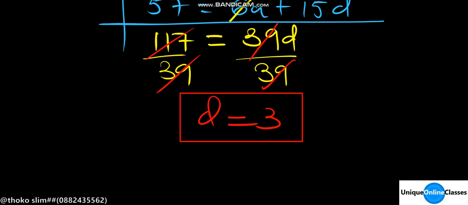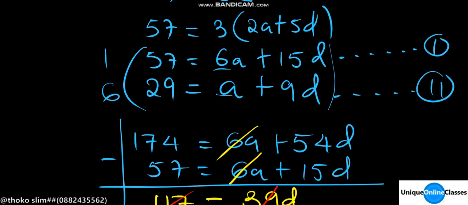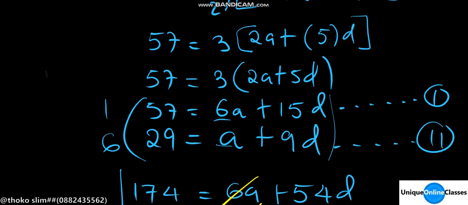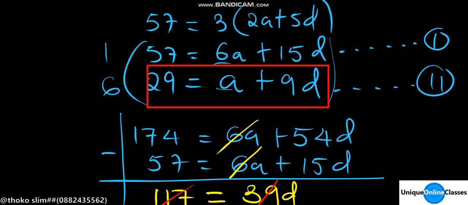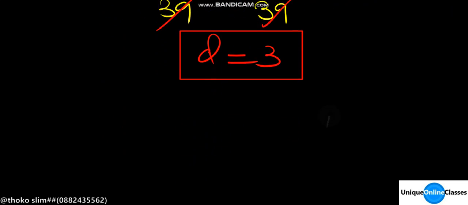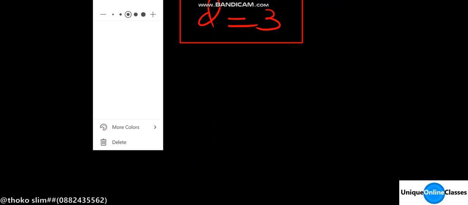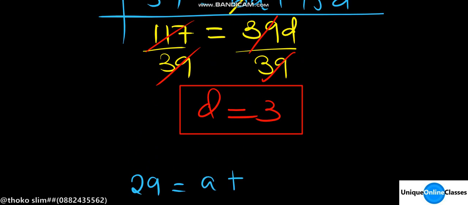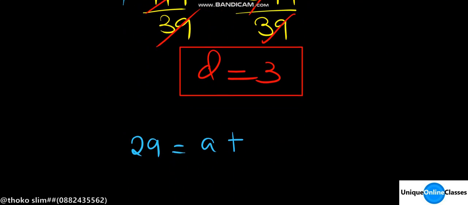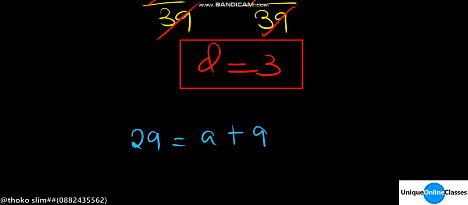And what we need to do, tipeze value ya a by substituting value of d in any equation. So ndingasankha equation yophweka, 29 is equal to a plus 9d.